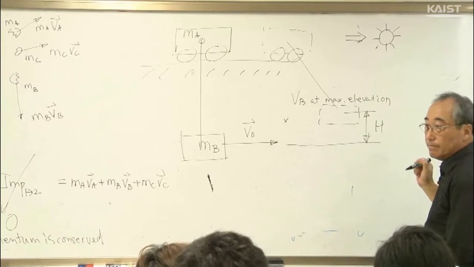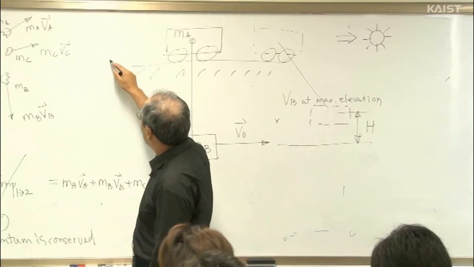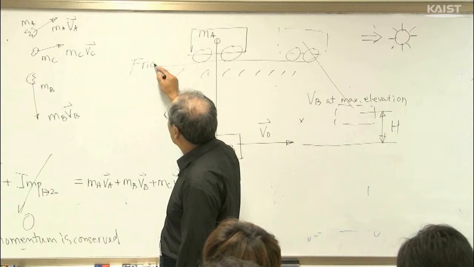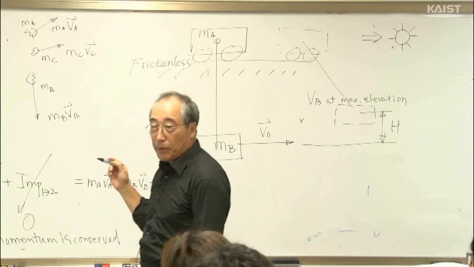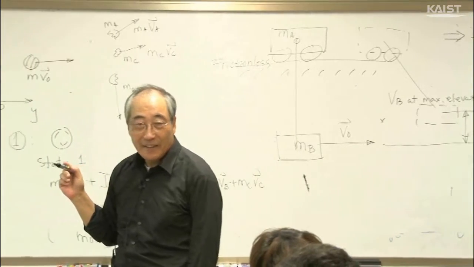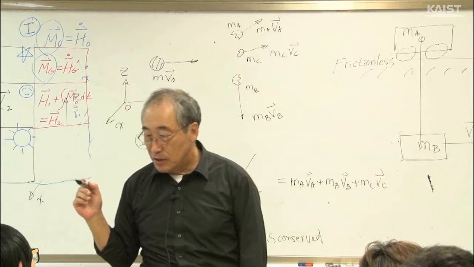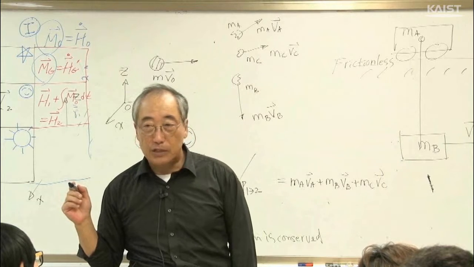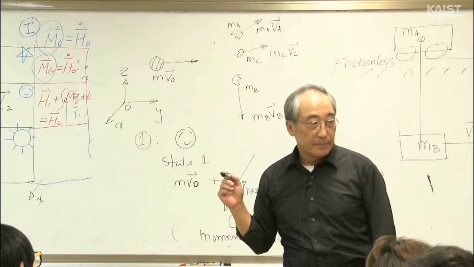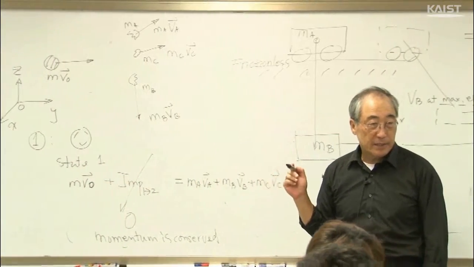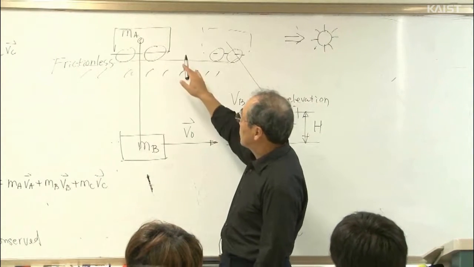Then the text said frictionless. We are very happy about that. But according to the second quiz, often you will be asked to include the friction, right? But this is a simple case, therefore assume there is no friction.